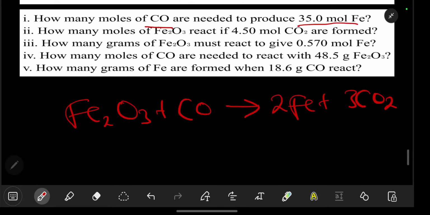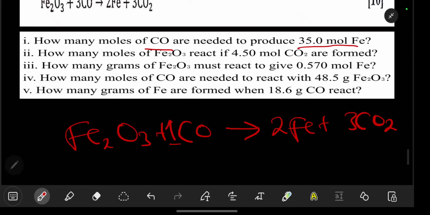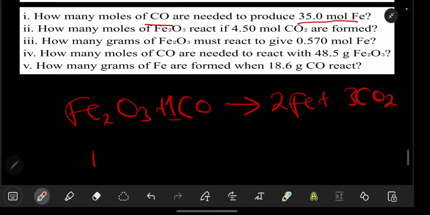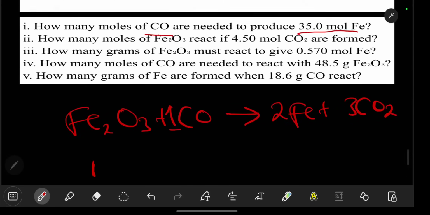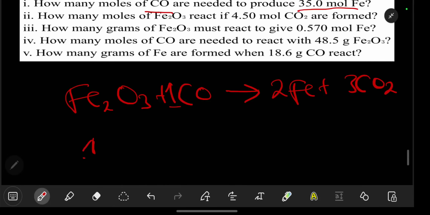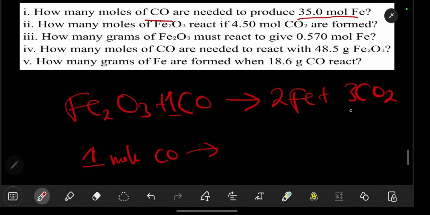So same approach. First thing you have to make sure is that the equation is balanced. So according to the same example that I gave you, if you have 1, how many moles?